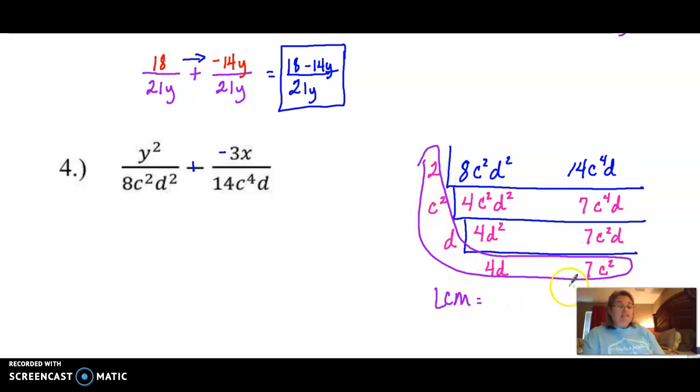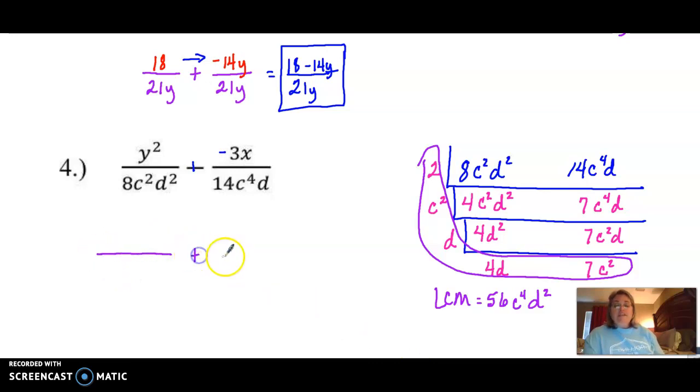So when I multiply these together, I'm multiplying 2 times 4, which is 8, times 7, which is 56. With my c's, I have a c squared times a c squared, which is c to the 4th. I have a d times a d, which is d squared. So that's my LCD, or my LCM. Least common denominator, least common multiple.